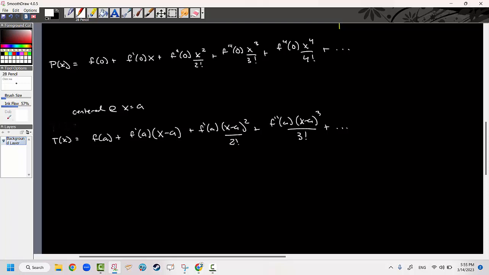Now, notice what's happening here. It's a lot like linear approximation, right? Linear approximation used a tangent line to approximate a curve's value at a particular point. But this is going to be a lot more powerful because now, not only do you have the function's value, you have its derivative, you have its second derivative, you have its third derivative.